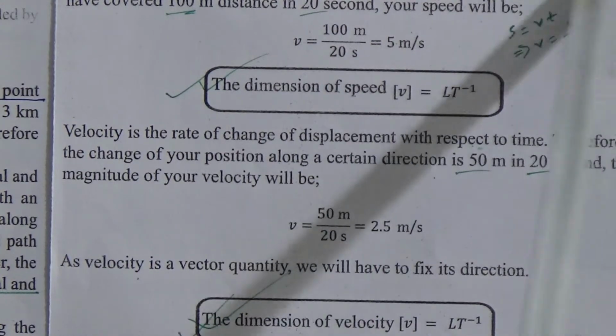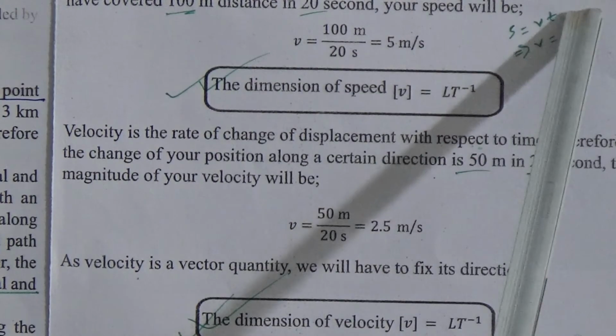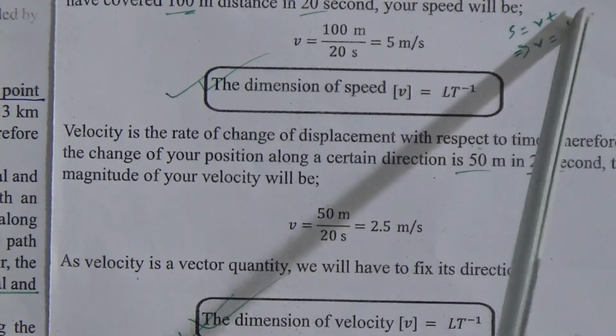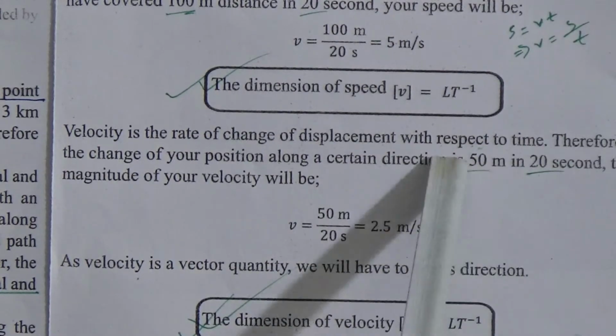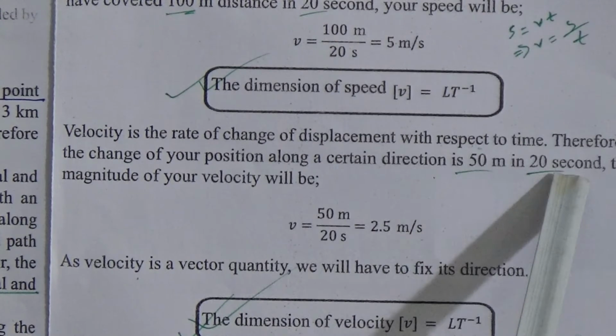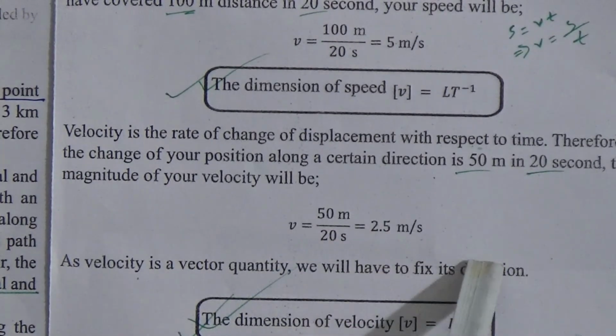We put S equal to 50 meters and T equal to 20 seconds. After calculating, we get 2.5 meters per second.